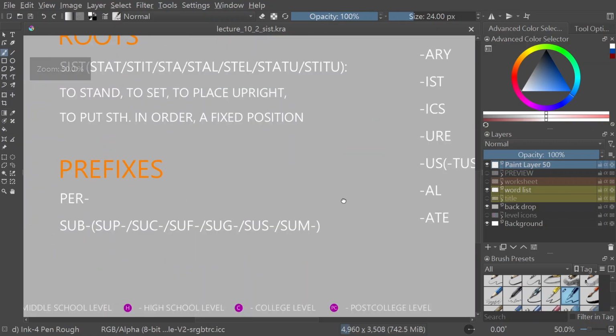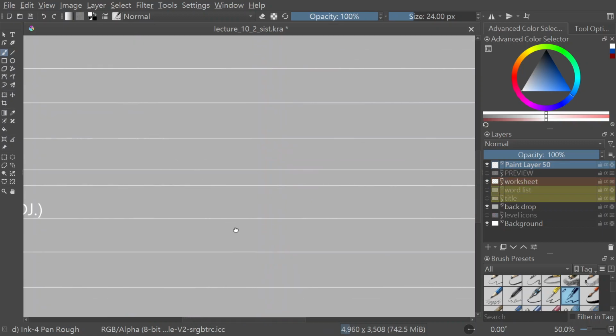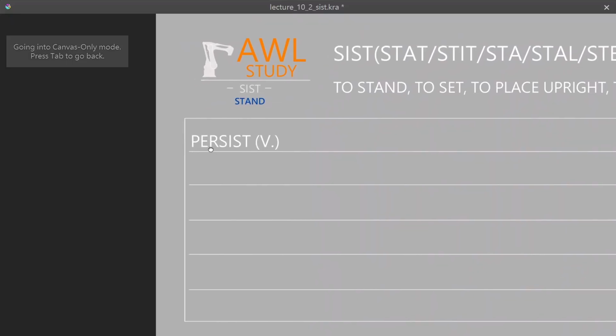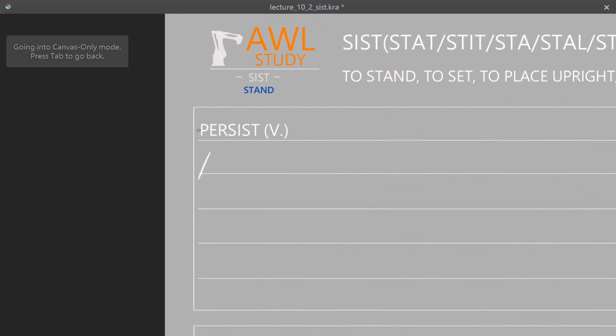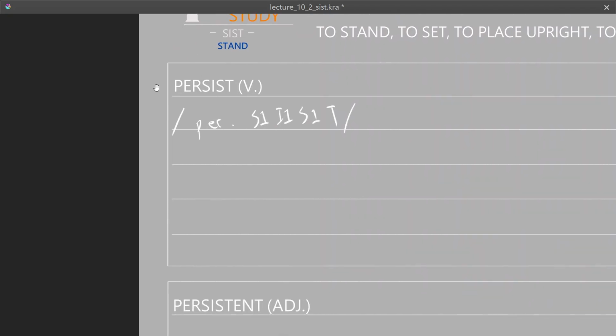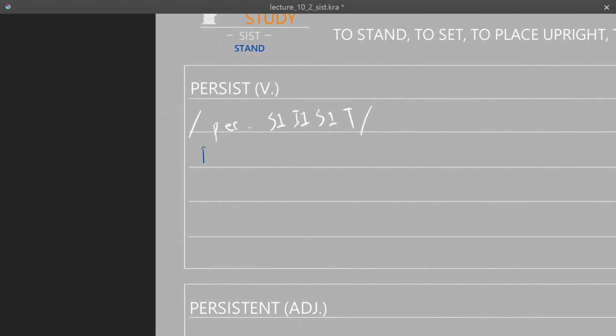Alright, so let's begin with the study of words. So the first one, persist. Alright, we have the prefix per.